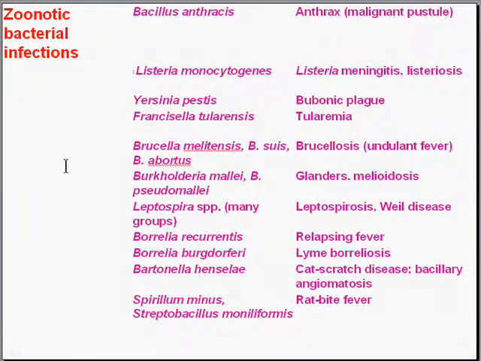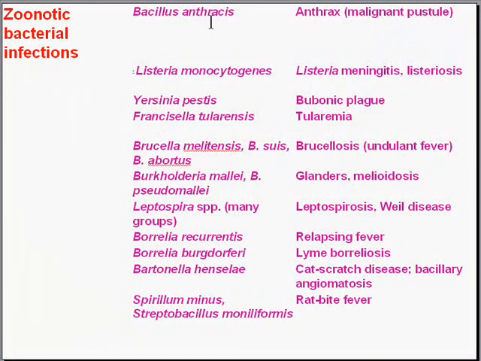But you have to remember that there is a large category of bacterial infections which are called zoonotic, simply because it involves another species besides man in the life cycle of these bacterial infections. Most of them are bacillary. It looks like they're all bacilli.